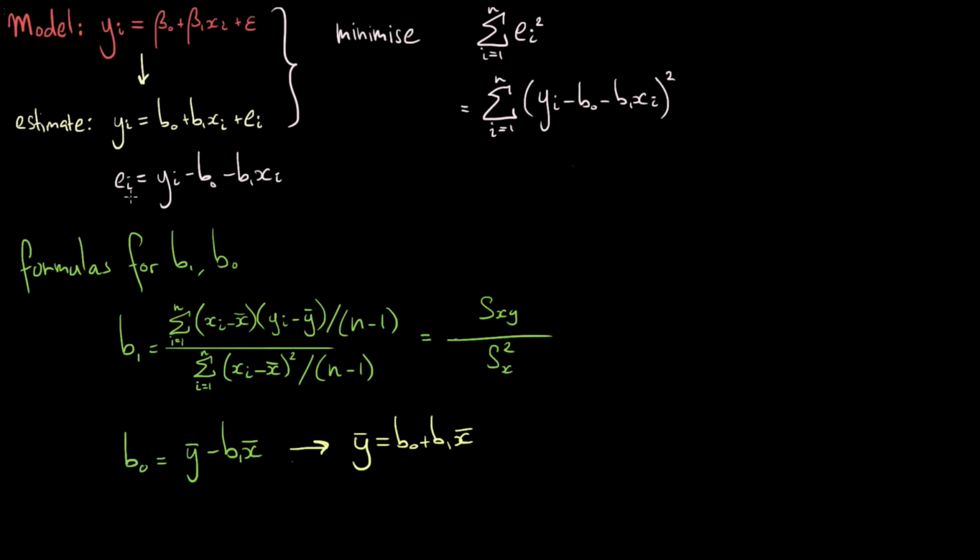If we've got a set of data, all we have to do is compute the sample covariance and the sample variance for x, and then compute the two means, and we can get estimates for beta 0 and beta 1 in the form of b0 and b1.